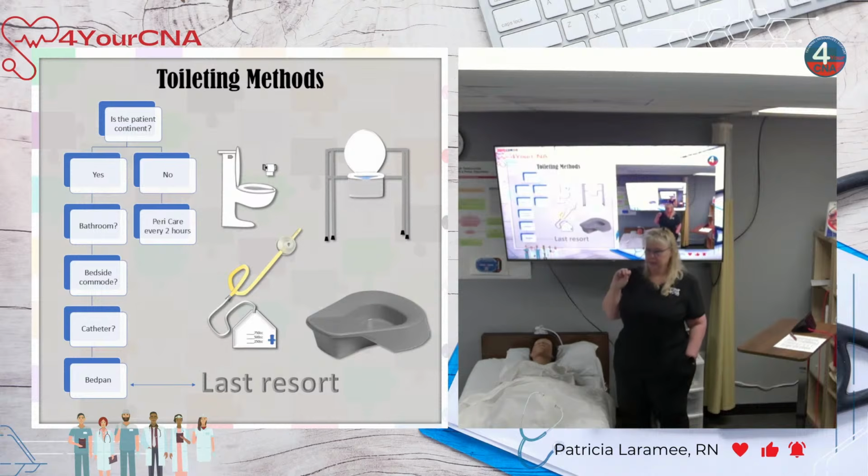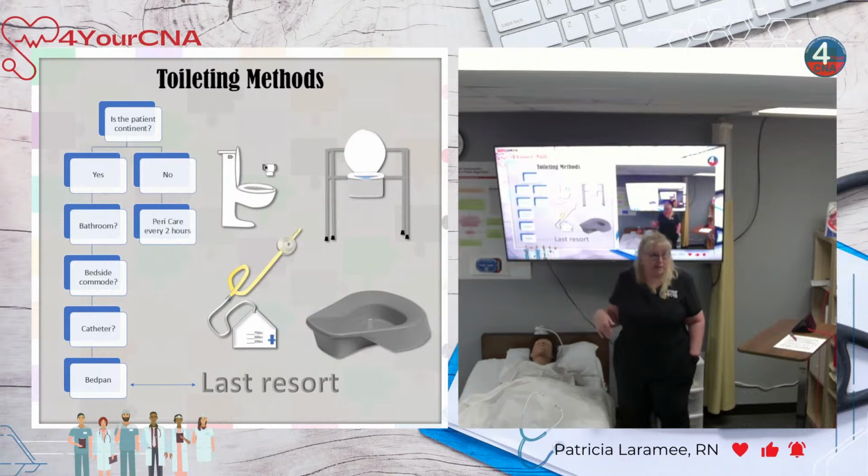Got it? So if nurses can't make a change, do you think CNAs can make a change? And yet on Facebook and a lot of those CNA groups, I see a lot of CNAs that are like, yeah, I don't get the patient up out of bed if they're over 200 pounds. I just put a bedpan under them. They have changed the care plan.